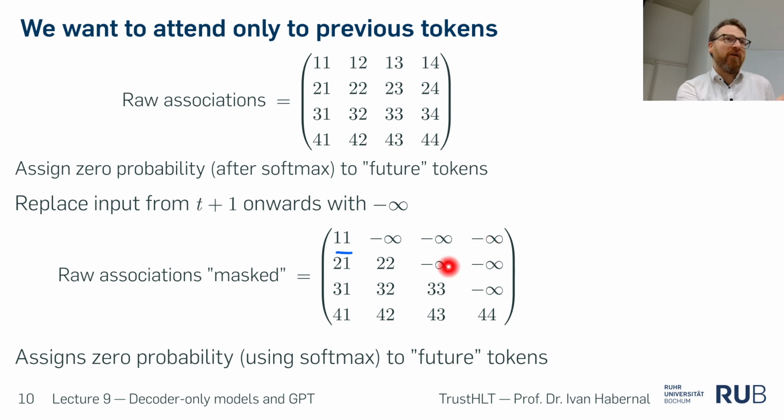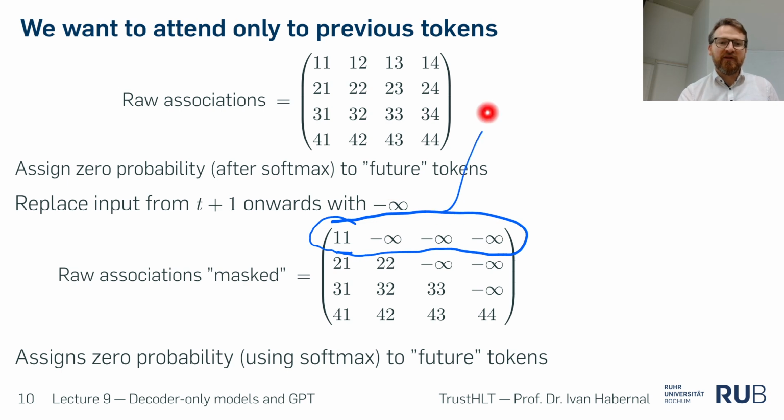Oh yes, that's the intuition, exactly. Because we replace this with minus infinity, after softmaxing, what do we get for this row?